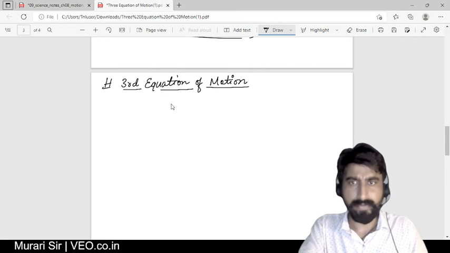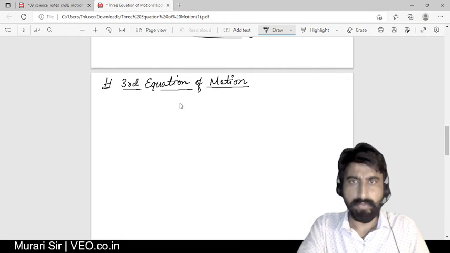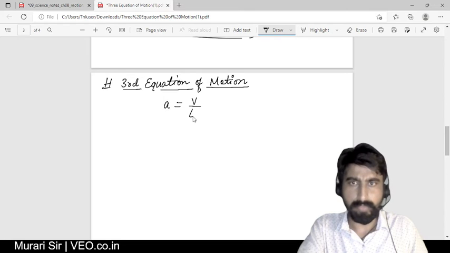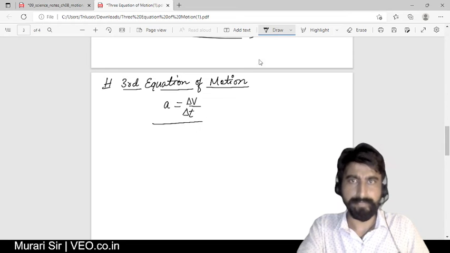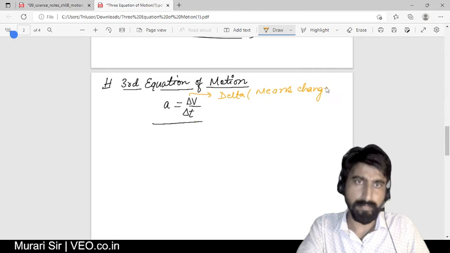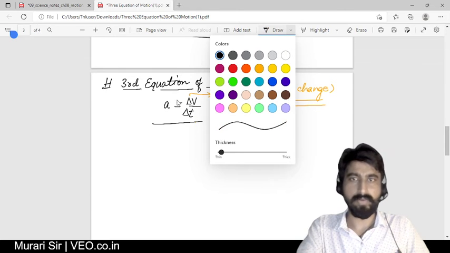Let's consider it. Okay, acceleration is equal to change in velocity upon time. This symbol means change. This is the delta symbol, and this means change. All right.